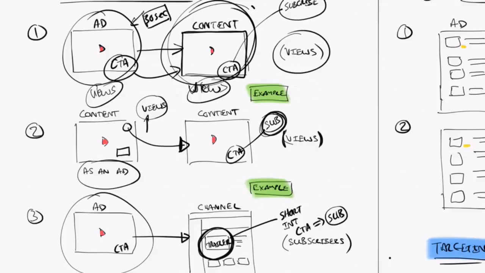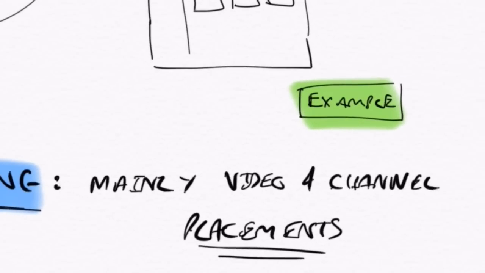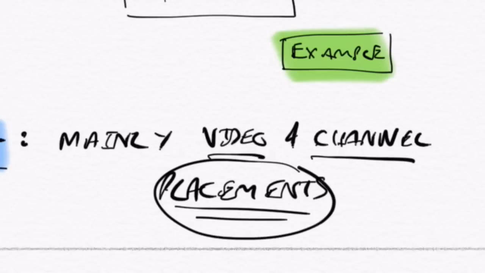Right. So in terms of targeting, it's very important. So what we do with in-stream ads is that we mainly focus on video and channel placements. So essentially what we do is we go and find very specific videos and channels that we know our target audience is watching on YouTube, regularly watching, and then we only show our ads in front of those videos.